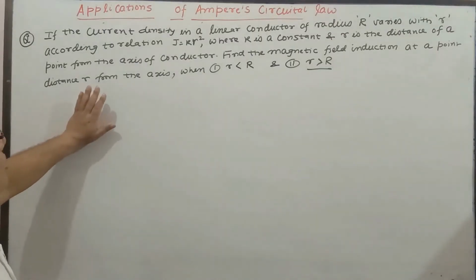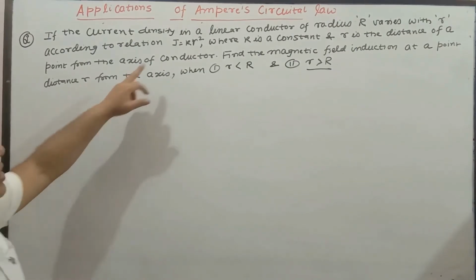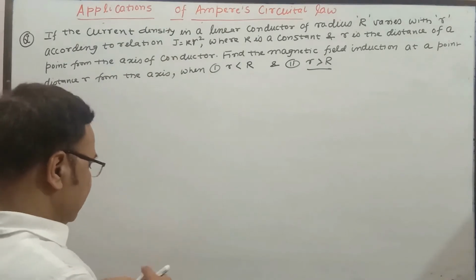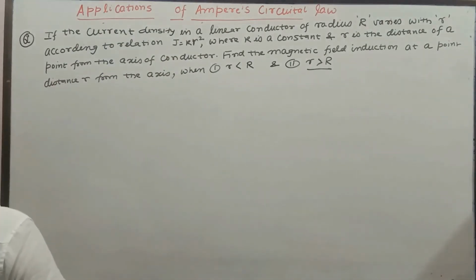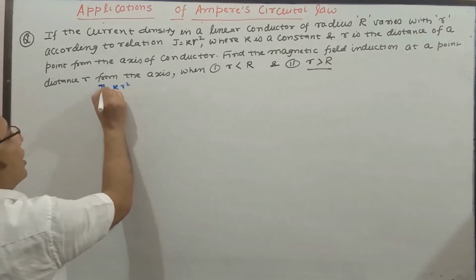There is one numerical. If the current density in a linear conductor of radius capital R varies with small r, the relation is J equals K into small r square.